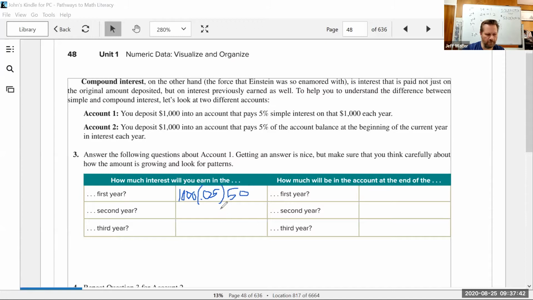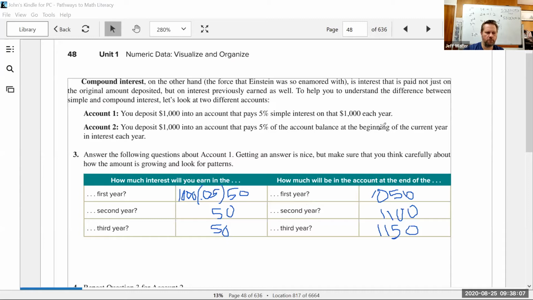He's going to make $50 every year. That's simple interest. Simple interest doesn't care how much money you have in there as it goes. It just cares about what you had at the beginning. So at the end of the first year, he'll have 1,000 plus 50, and then you just keep adding 50. That seems like a pretty decent deal.